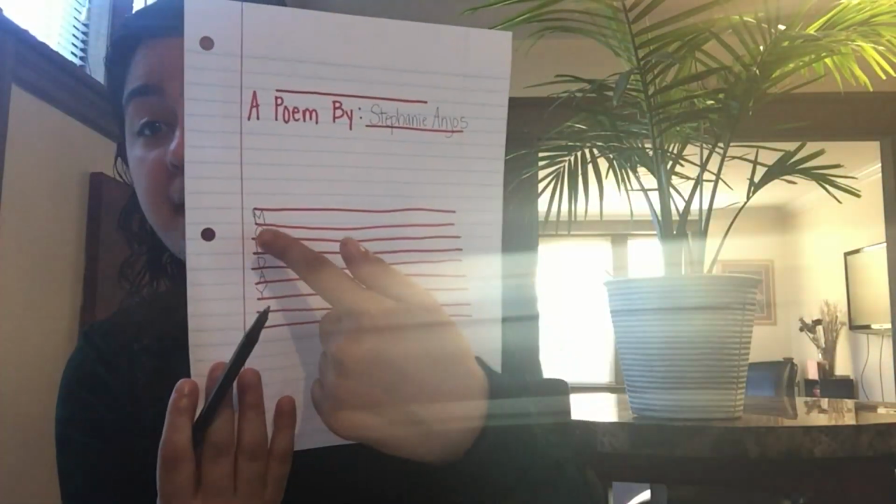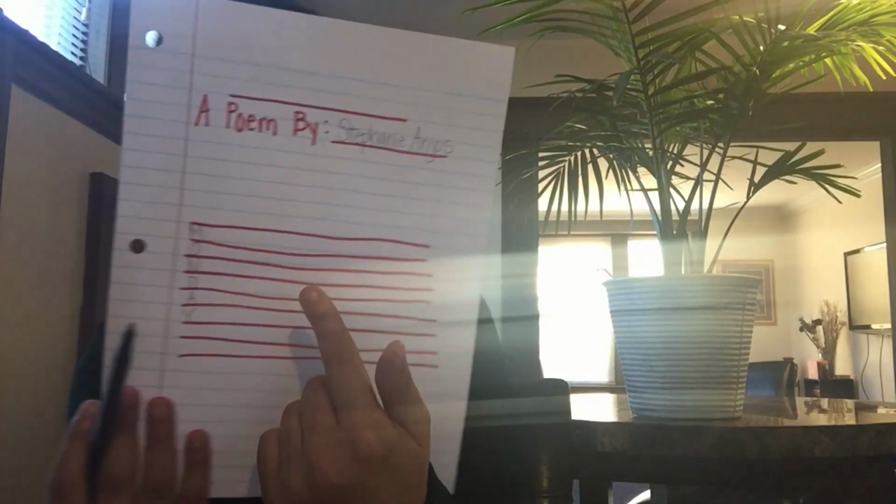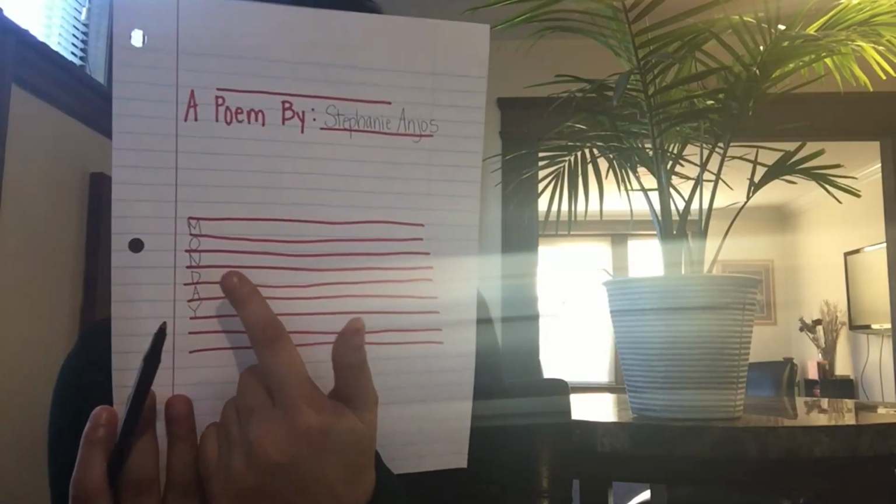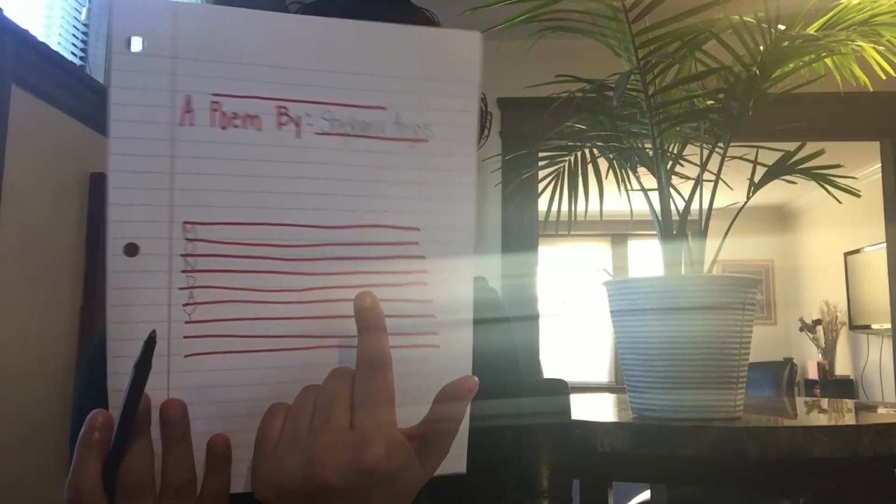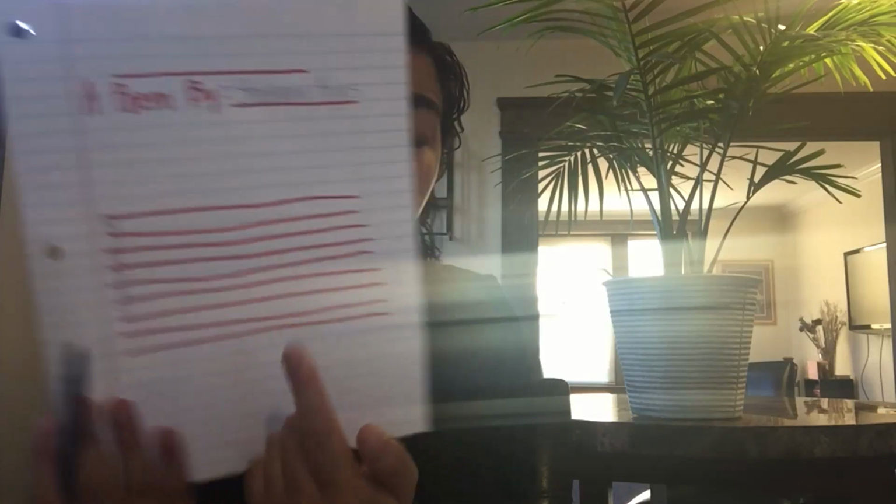All right. Now, you can use some of these words or phrases in your actual poem. So maybe for M, I could write motivated. And for N, I could write new beginnings. Or if you're feeling inspired, I think I'm feeling inspired, you could write a phrase based off of your ideas.